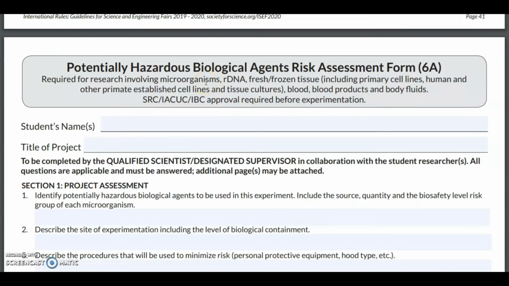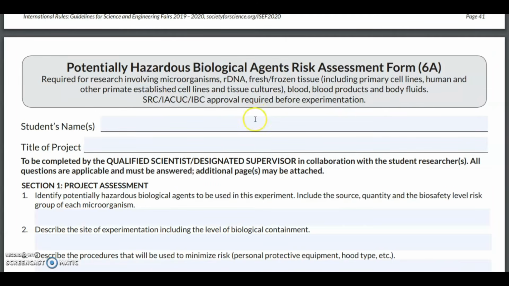Next is Form 6A. Form 6A is intended for potentially hazardous biological agents. This is required for research involving microorganisms, rDNA, fresh frozen tissue including primary cell lines, human and other primate established cell lines and tissue cultures, blood products, and body fluids.